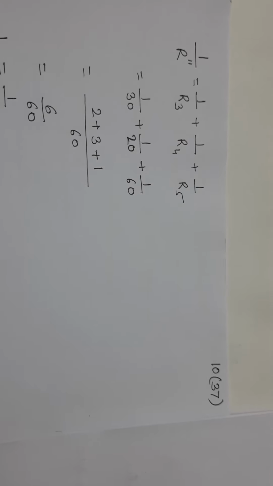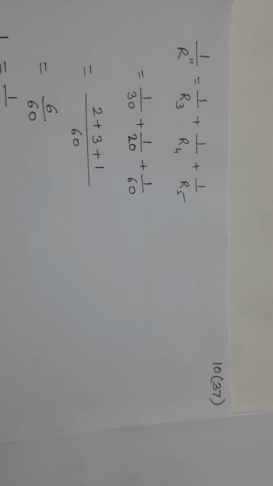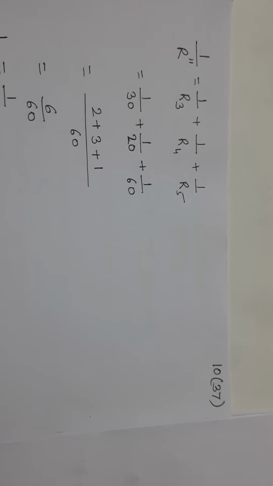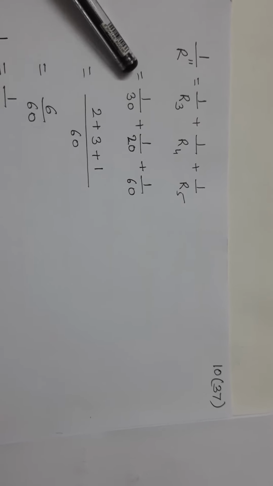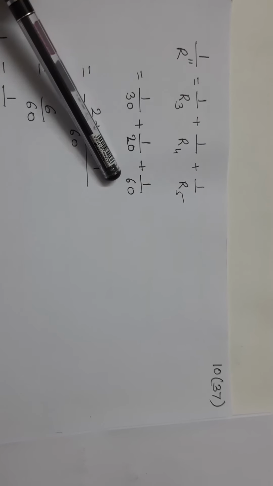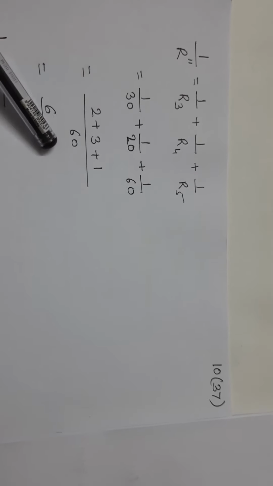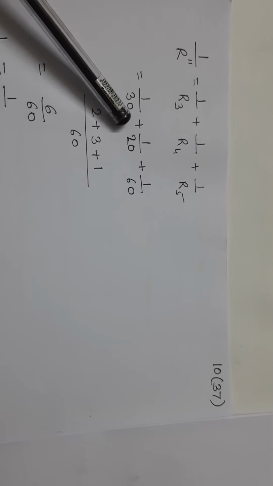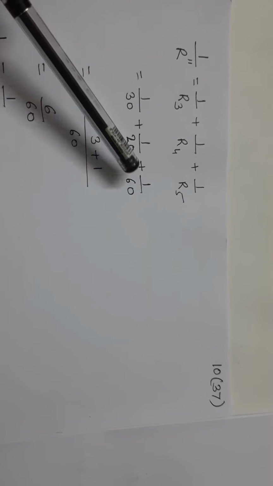Now we find it for the remaining three. So we have 1 upon R double dash, it is 1 upon R3 plus 1 upon R4 plus 1 upon R5. So we have 1 upon 30 plus 1 upon 20 plus 1 upon 60. By taking the LCM, we have here 2, because 30 times 2 is 60, 20 times 3 is 60 and 60 times 1 is 60.